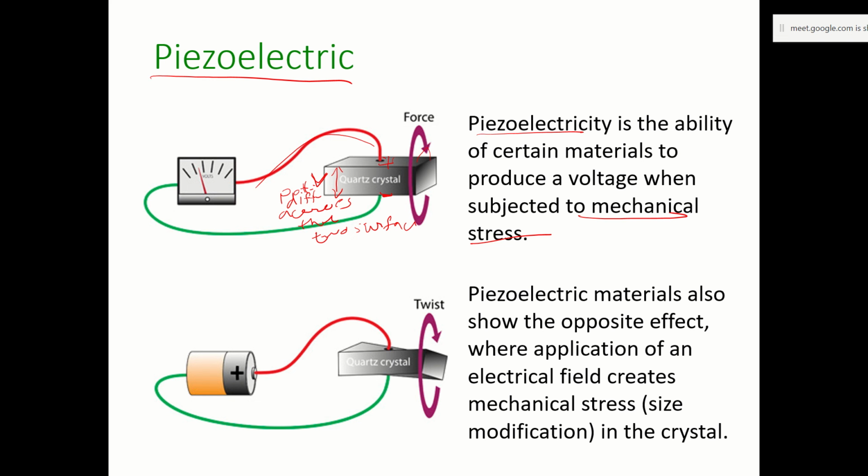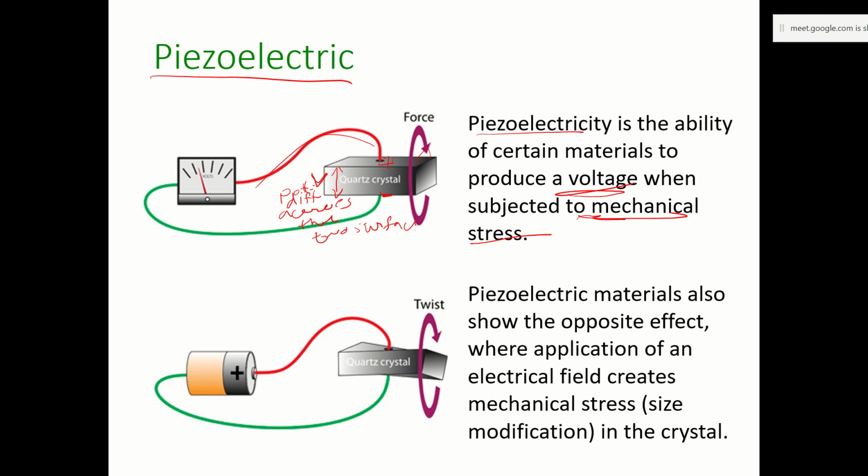When you apply force, so quartz crystal is an example of a piezoelectric crystal, where it is used in watches for the same reason, because it is piezoelectric. Because of the stress produced, it will generate voltage, and then you can connect it to a galvanometer or any bulb, and it will light up.